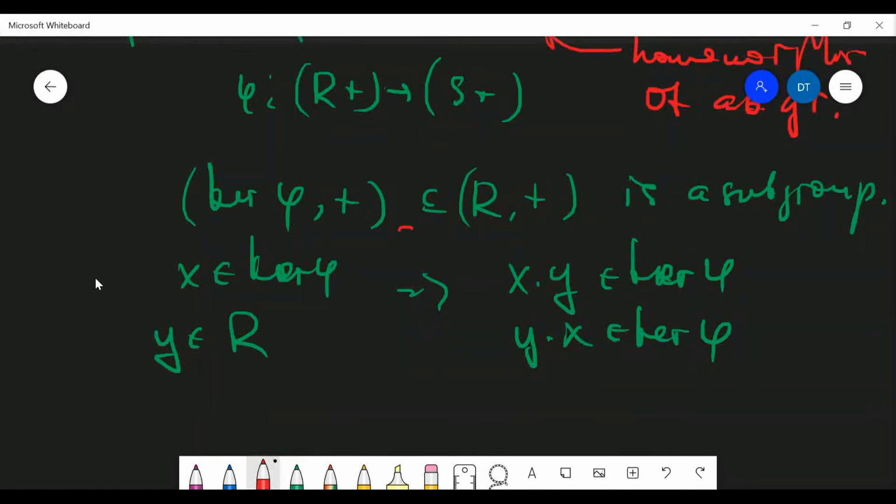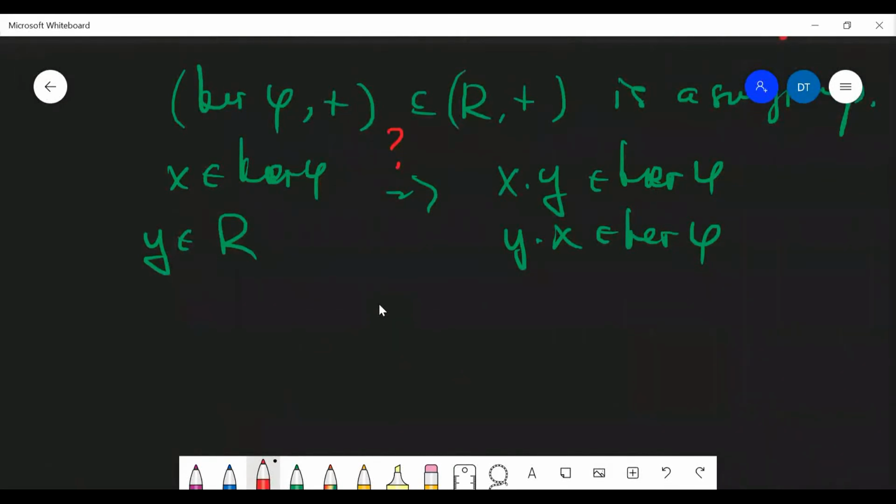But how do we check this? How to check that something is inside the kernel? We apply φ, and if the result is 0, then it is inside the kernel. So we need to check if φ(xy) is equal to 0.